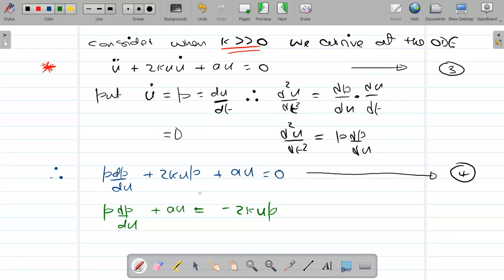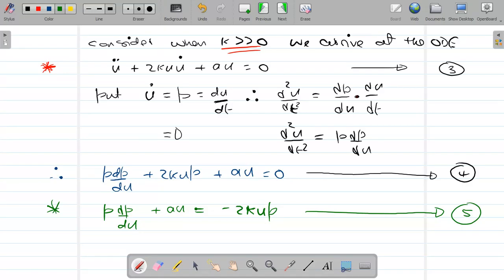Okay. Still haven't got a very good kappa there, have I? Right, okay. So I put equation 4 into the form of equation 5. Now we've seen equations like this before because we solved this equation in green, equation 5, when we solved the van der Pol equation.